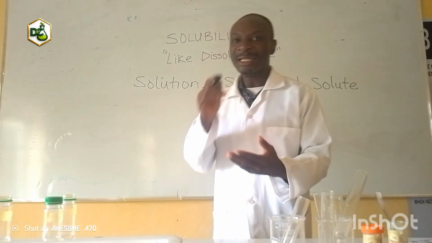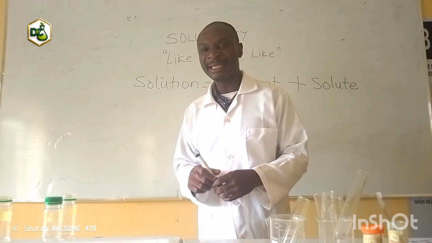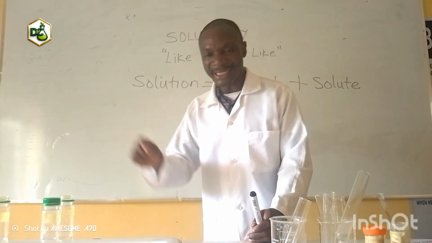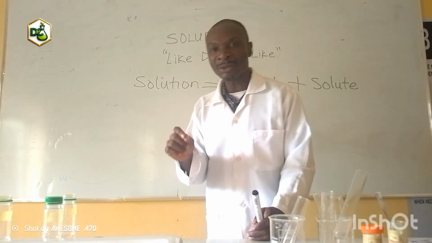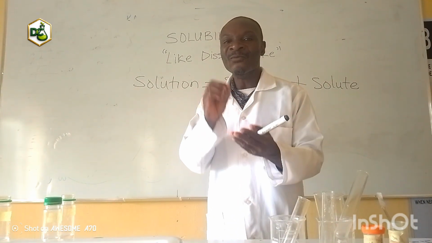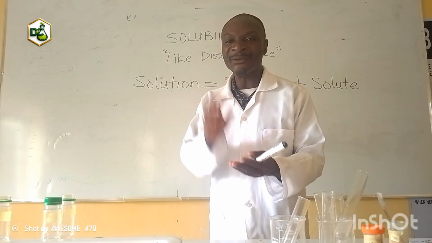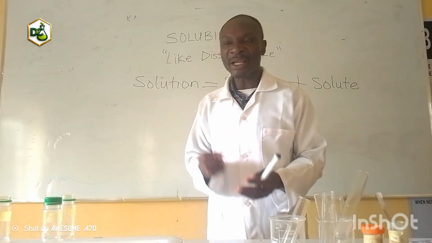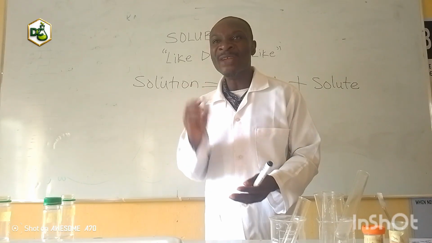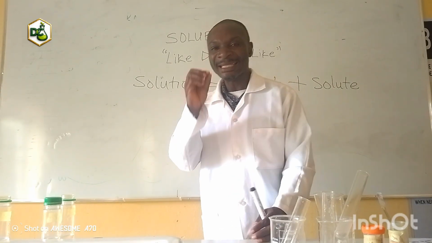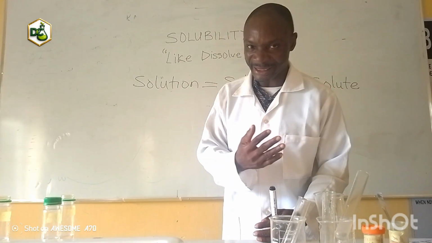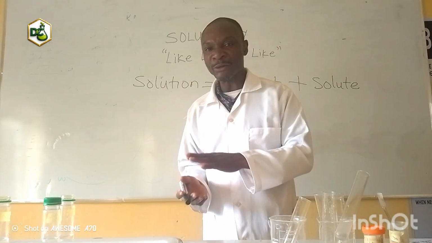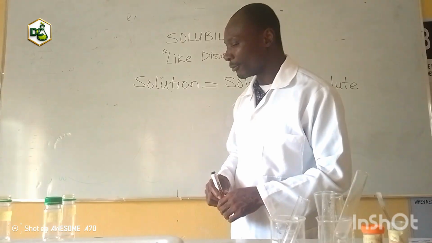As a result, you can no longer see the particles of salt because the ions of the salt in solution are very, very small, so small that the ordinary eye cannot see them. That is why you see the solid disappear in liquid when it is dissolved.